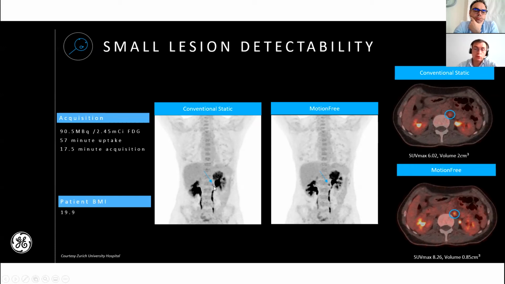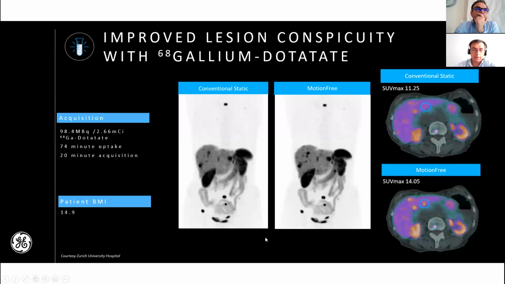And normally we are not expecting respiratory motion close to the spine, abdominal area, close to the kidney. Intuitively, that's not the area where we are expecting motion. But motion-free reveals that this area was affected by respiratory motion, and there is a huge improvement in terms of detection of this lesion thanks to this technique. Far better seen both on axials and MIP images.